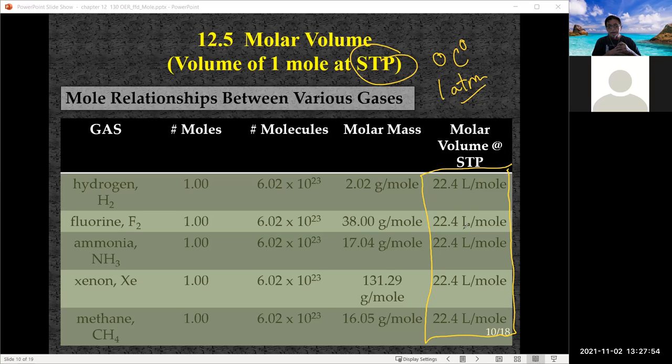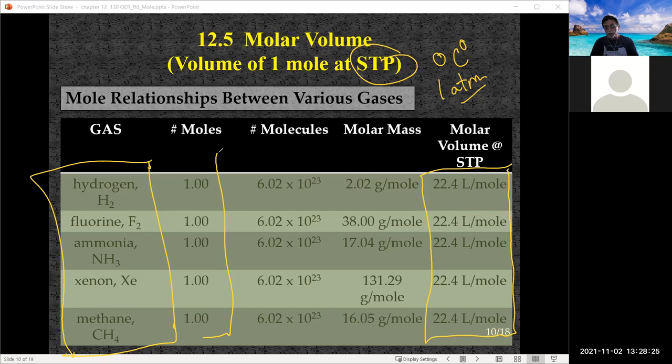And at STP, we know that in that 22.4 liters, any gas, 1 mole, that is equal to 1 mole, which means there's 6.02 times 10 to the 23rd molecules of gas at STP. So if we look at specific examples of any gas, it's hydrogen, fluorine, ammonia gas, xenon, and methane.